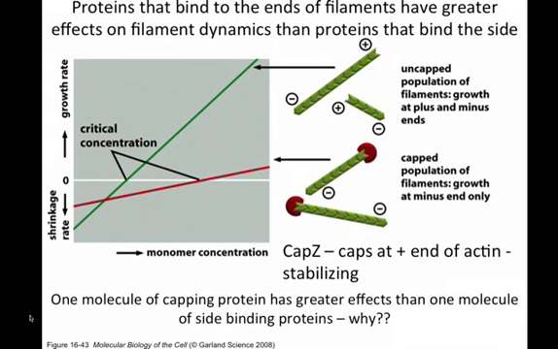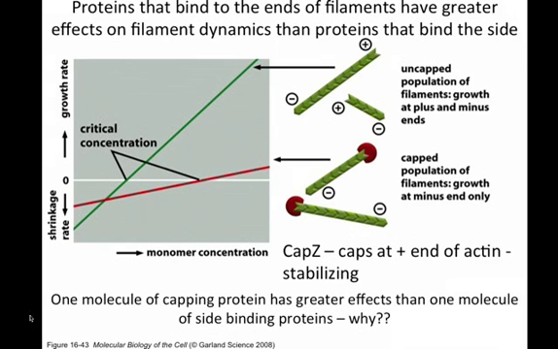And so your uncapped actin filament is going to grow like this, and your critical concentration is going to be here. But when you add a capping protein, which is going to stabilize it, you're not going to have any more growth, but you're not really going to have any disassembly either.